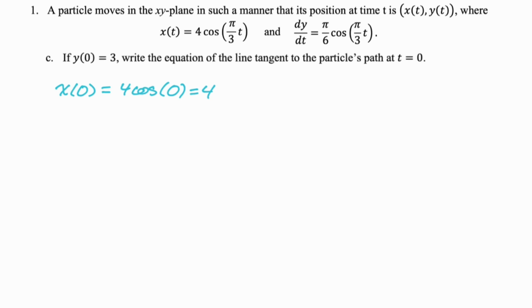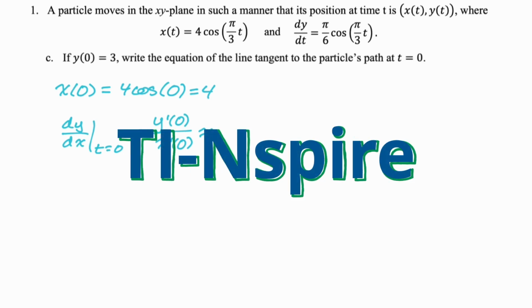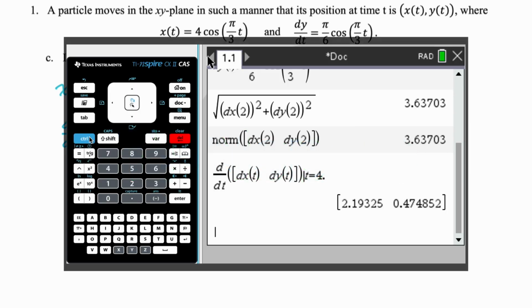All right, so in general, dy dx at t equals 0 is going to be y prime of 0 divided by x prime of 0, and let's go to the calculator and see what we get for that.